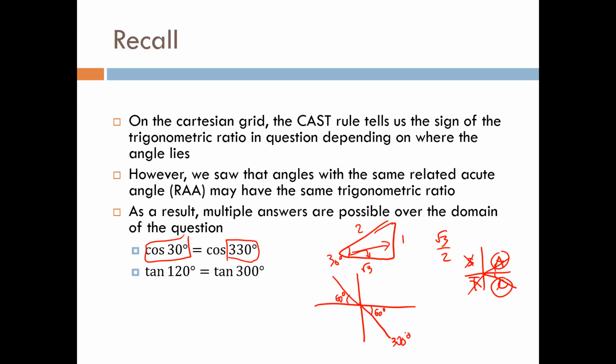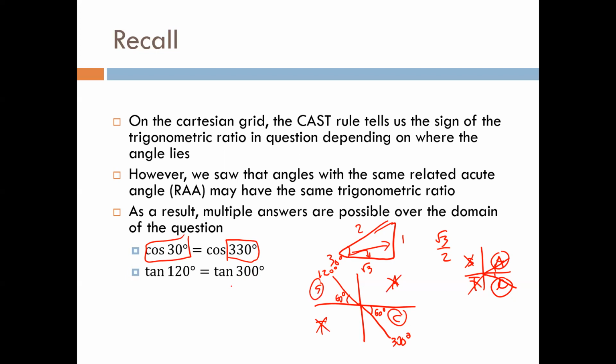So we can see that 120 degrees and 300 degrees lie in the second and fourth quadrant respectively. And according to the CAST rule, the tangent ratio is going to be positive in the first and third quadrant, which means the tangent ratio is going to be negative in the second and fourth quadrant. That means that the tangent of 120 degrees would be equal to the tangent of 300 degrees.